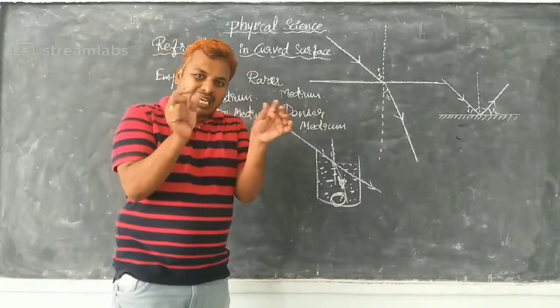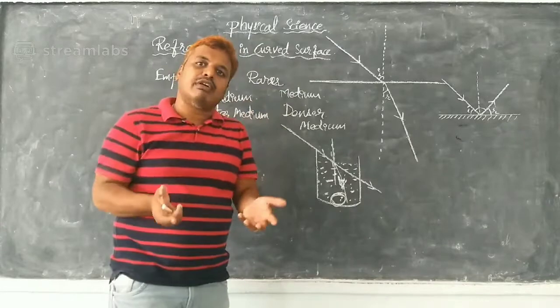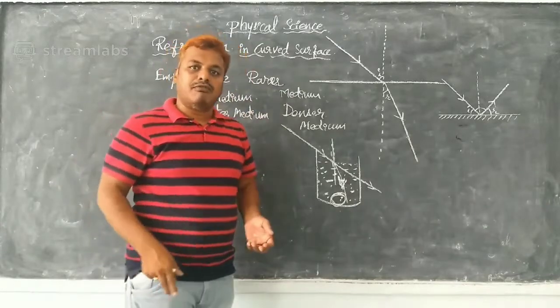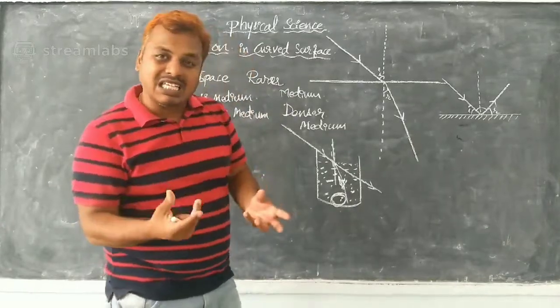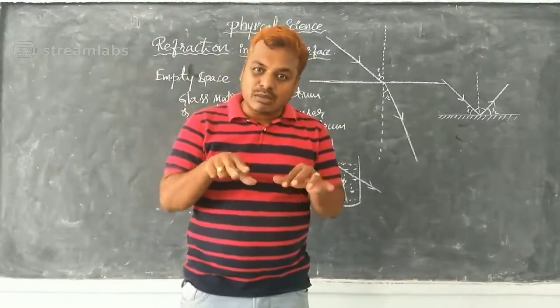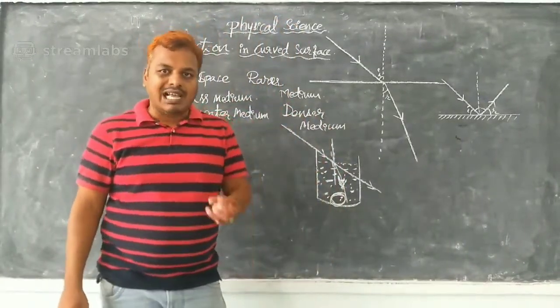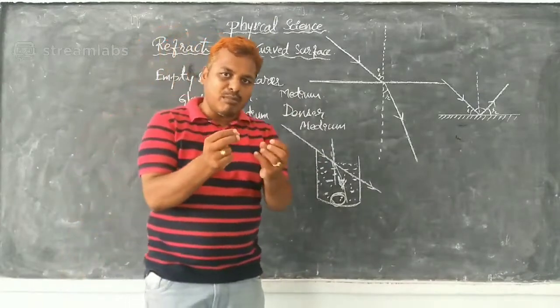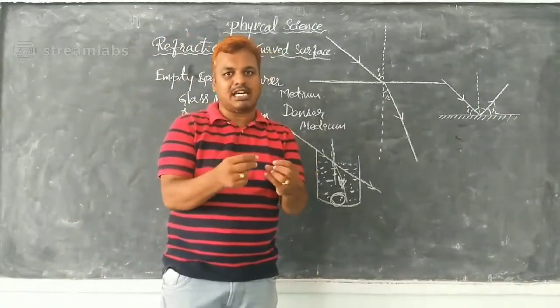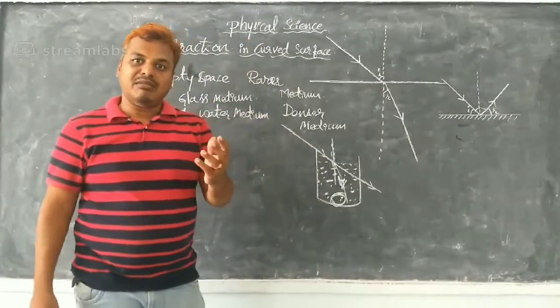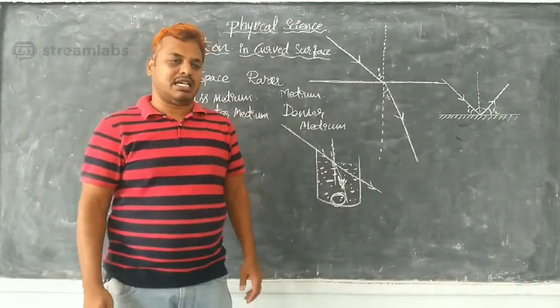So the matter inside the air is less when we compare with water. When we compare glass with water, glass is more dense than water. Do you agree with me? Glass is more dense because more material particles are present. In the air medium, fewer material particles are present.